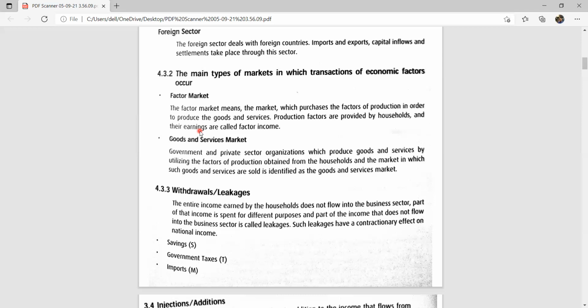Anyways, goods and services are exchanged once again between buyers and sellers, firms and households. Government and private sector organizations which produce goods and services by utilizing factors of production obtained from households, and the market in which such goods and services are sold, is identified as the goods and service market.